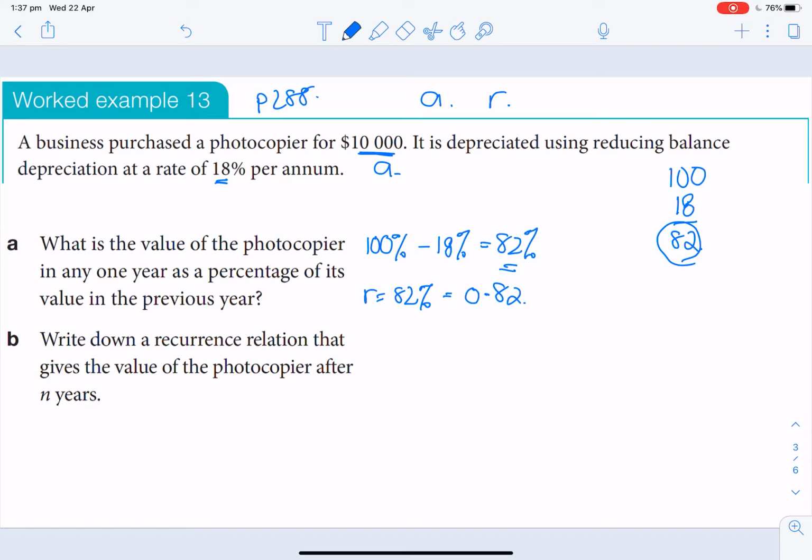I've got my A value, and I can plug everything into the initial recurrence relation that we had: V of n plus 1 equals R V of n. So substituting in V of 0 equals 10,000, my initial amount, V of n plus 1 equals 0.82 V of n. All right, on to part C.